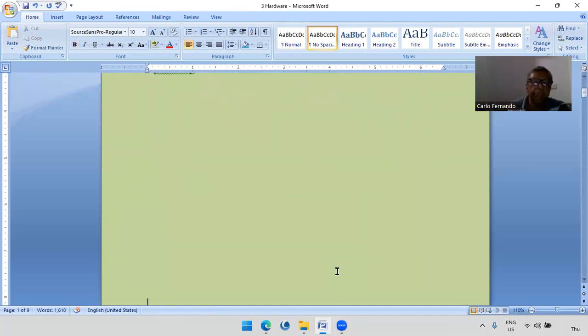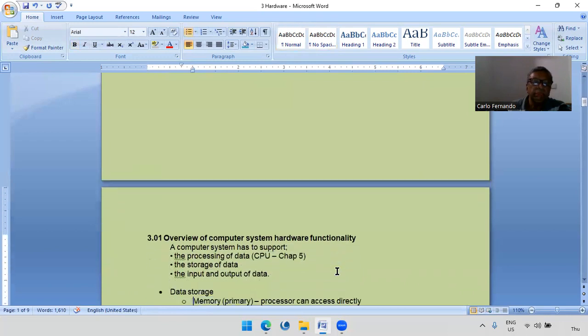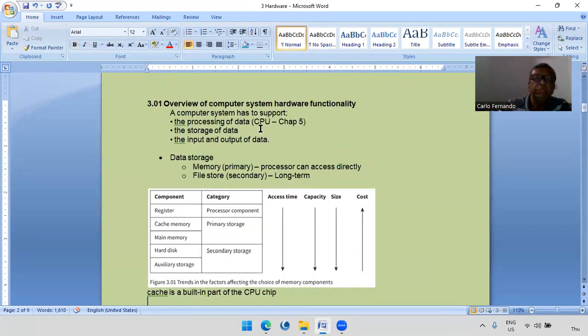So the very first thing is overview of computer system hardware functionality. The system has to support the processing of data. Who does it? The CPU. Not a human, though I said who, but it is a CPU that does the processing, and that will be done in chapter 5.